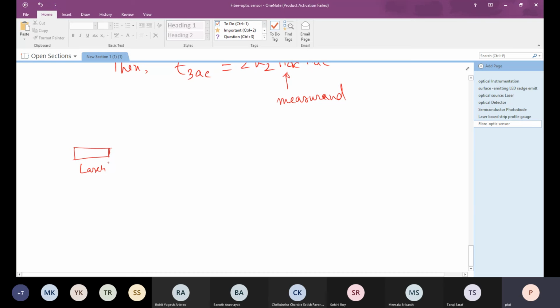I mean, apparently open loop, though all interferometers need closed loop configuration. This is the laser diode. The launching fiber.